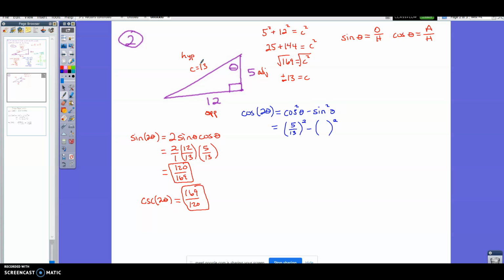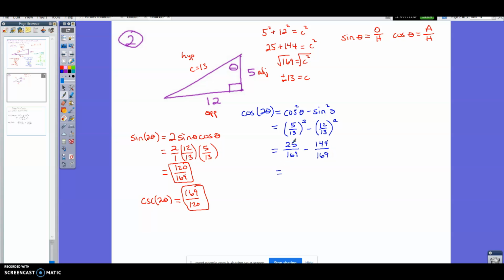Sine is opposite over hypotenuse. So we want to square each of those. 5 squared is 25. 13 squared is 169. 12 squared is 144. 13 squared is 169.